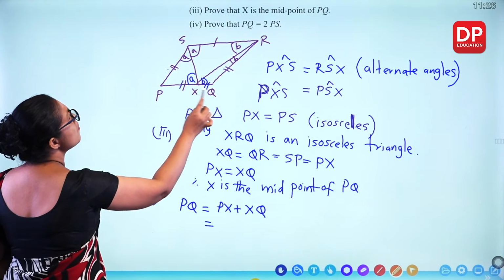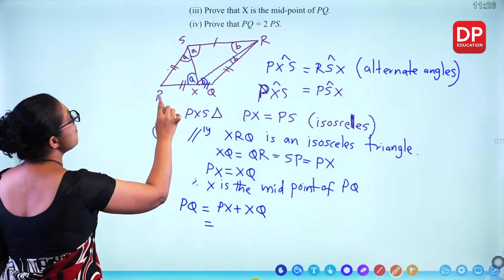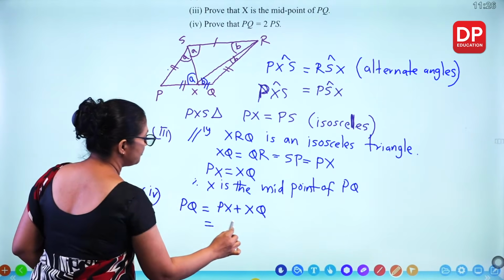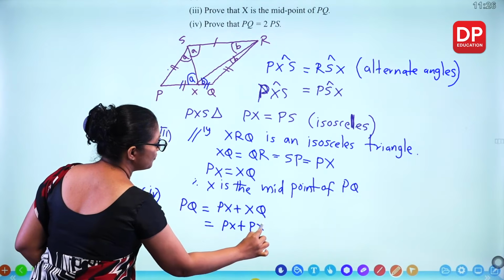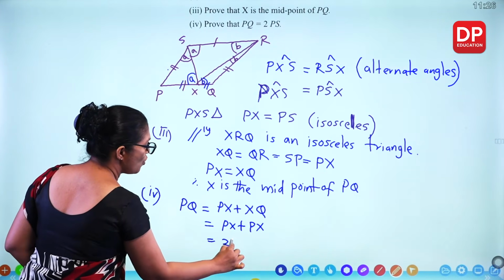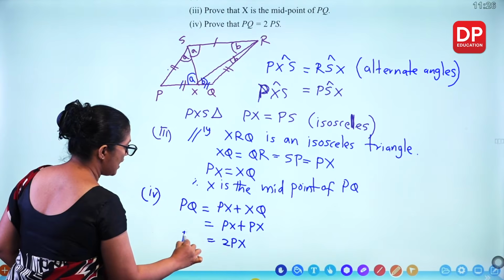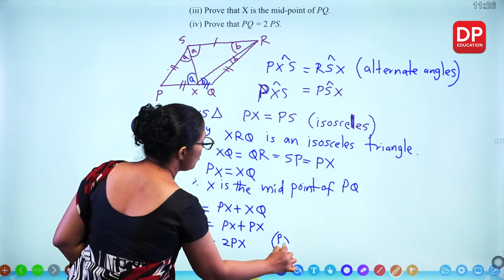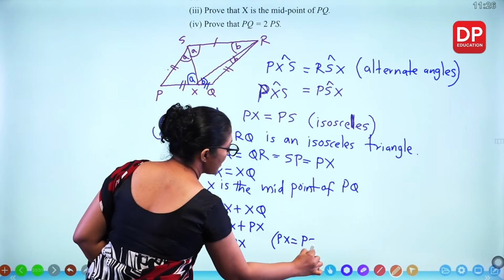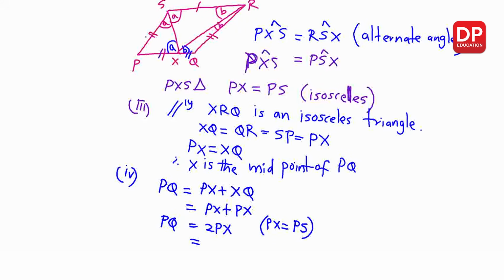Instead of XQ, I can write PX, so you get 2PX is PQ. But we found PX is equal to PS. I can substitute PS instead of PX. So what's PQ? I can write PQ is 2 times PS.